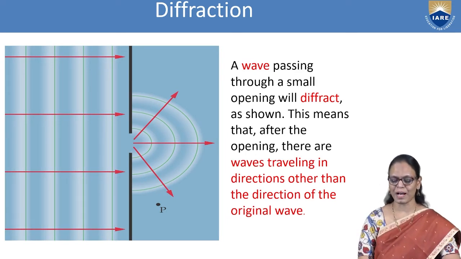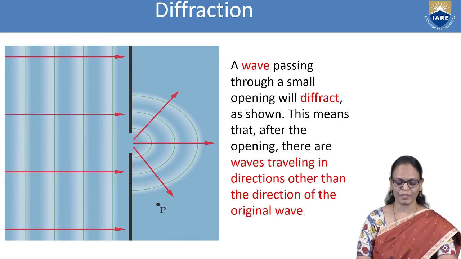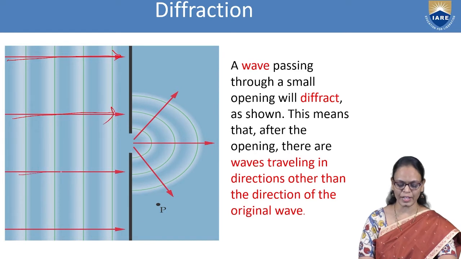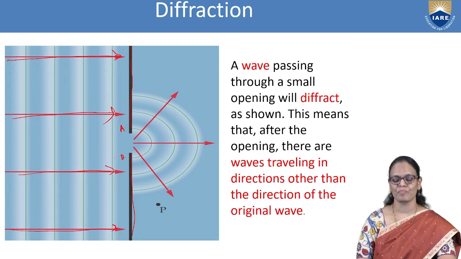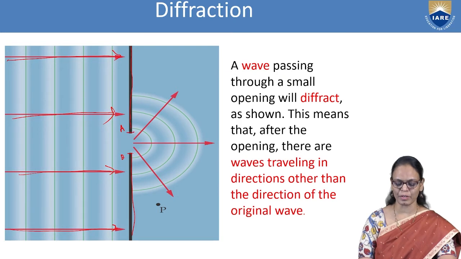Now first thing is diffraction. So a wave passing through a small opening will diffract. Now if we take a plane wavefront, and if this wavefront is incident on a surface which is having a small opening AB. So the light is incident on this plane, and there is a small opening.